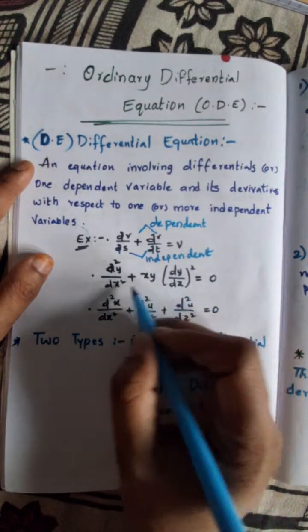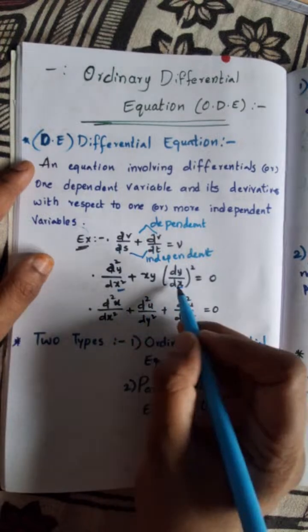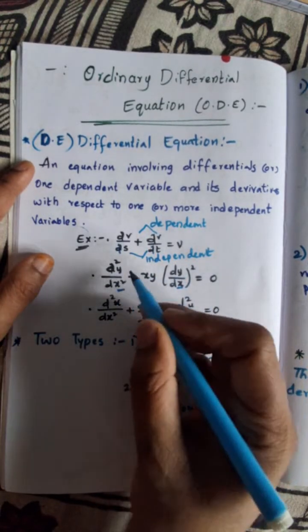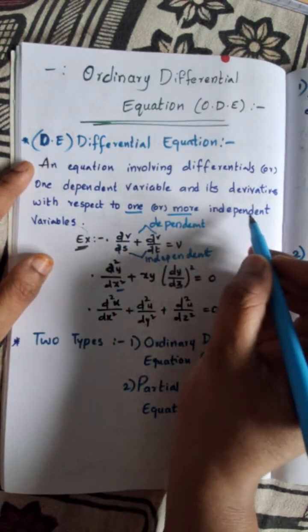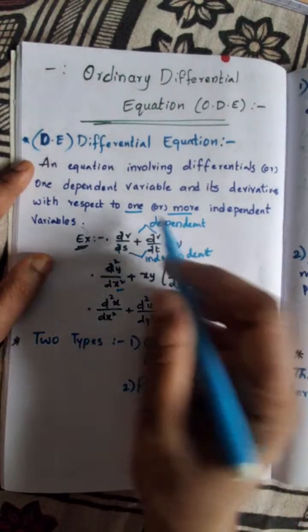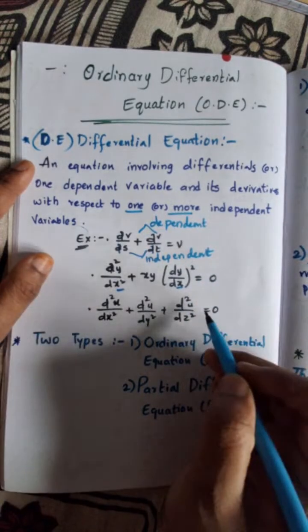In the second example we have only one independent variable, that is x, and y is the dependent variable. So we can have one or more than one independent variables in the equation, and with this definition we can identify whether an equation is a differential equation or not.